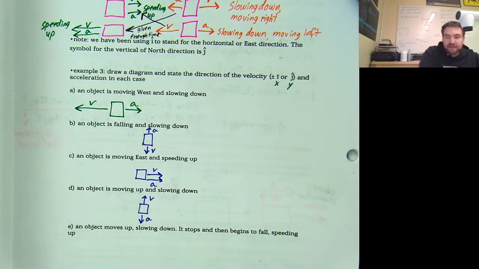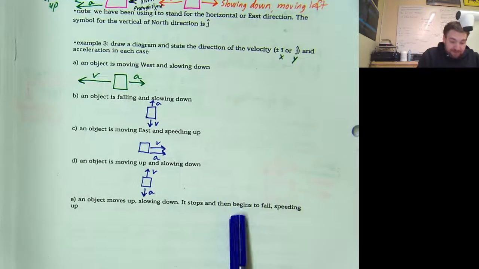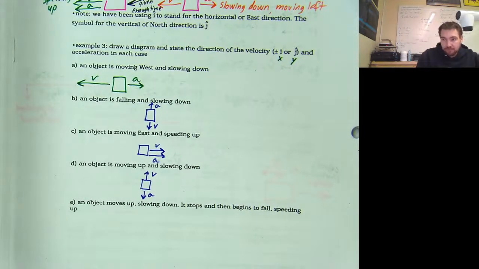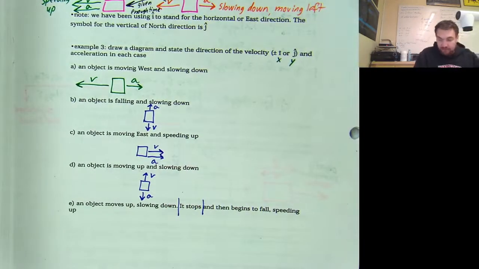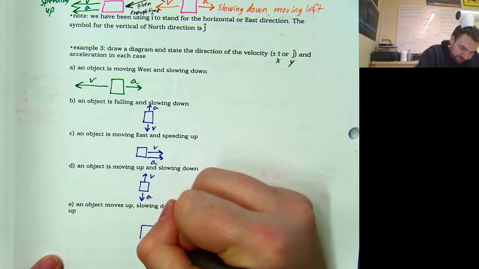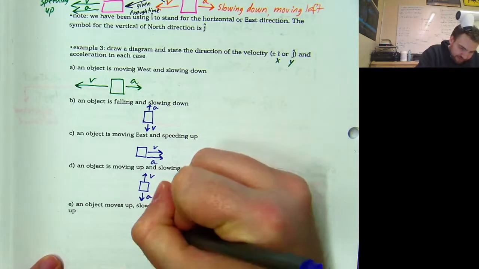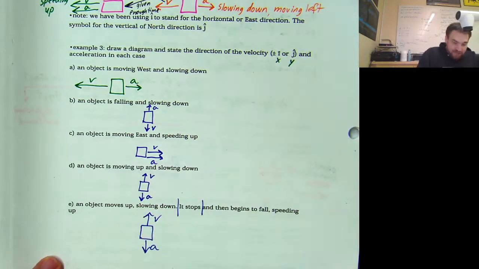And then in E here, we've got a couple things happening. We've got an object moving up, slowing down, stopping, and then beginning to fall, speeding up. So we're going to break it up into 3. So first, I've got an object moving up, slowing down. So it's moving up, so my velocity is up, slowing down, which means my acceleration is down.